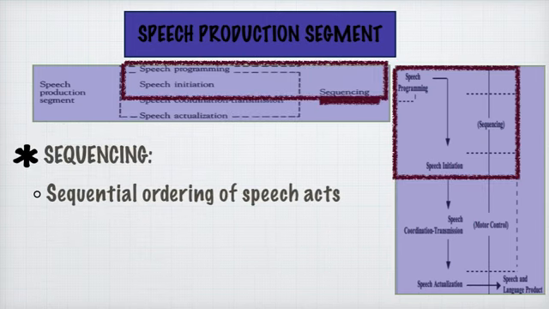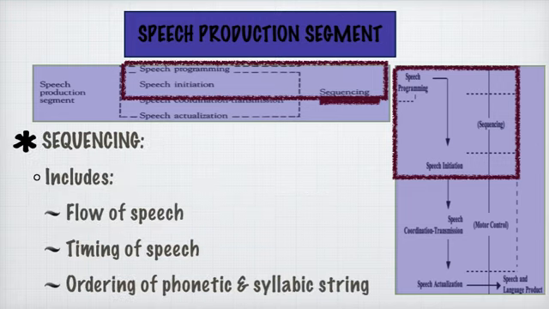For the first behavioral correlate, we have sequencing. This is literally what it means. It's the sequential ordering of speech acts. So it includes the flow of speech, the timing of speech, ordering of phonetic and syllabic strings. From the motor program, the speech motor program is also sequenced, so what comes first, the timing, the ordering, basically that.